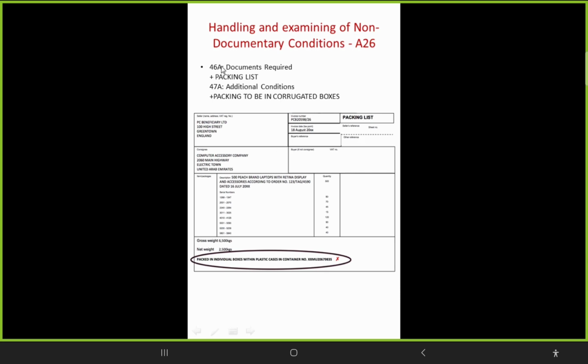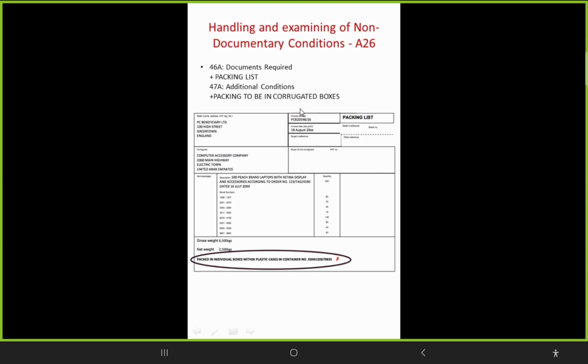So, for example, consider this document required as an invoice, and then they are saying packing to be in corrugated boxes. Is a packing condition mandatory in an invoice? It is definitely not. Now, if an invoice is presented, and instead of corrugated boxes, this invoice is showing packed in individual boxes, within plastic cases, then it is wrong information because they wanted corrugated boxes.